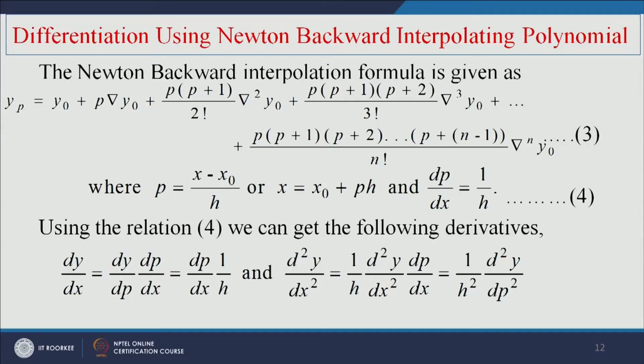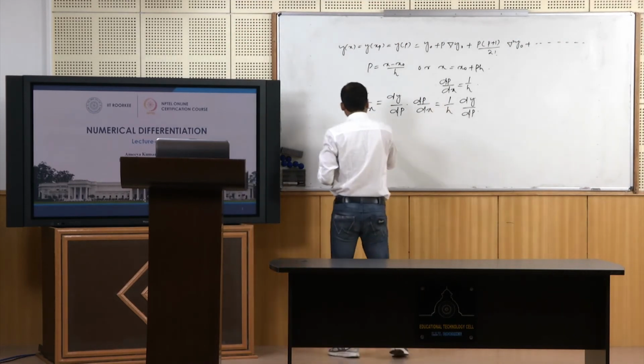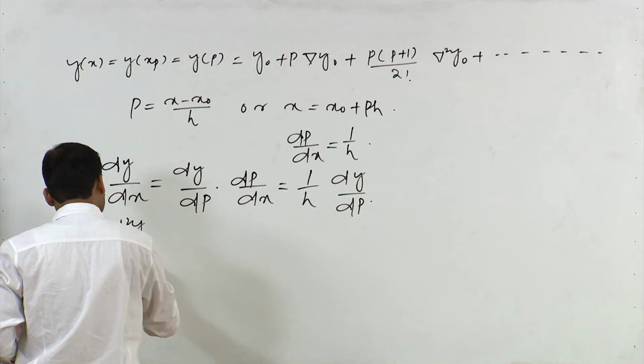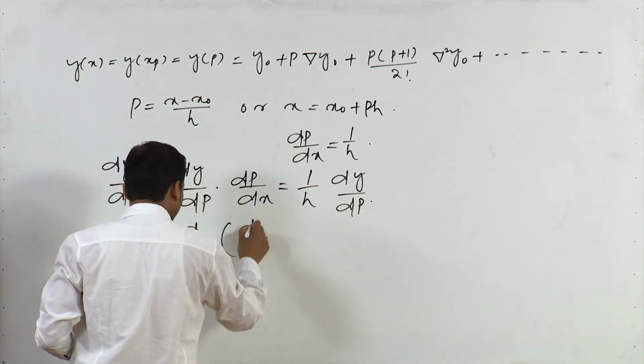Then if you go for a second order differentiation here, this can be written as d square y by dx square equals d by dx of dy by dx.